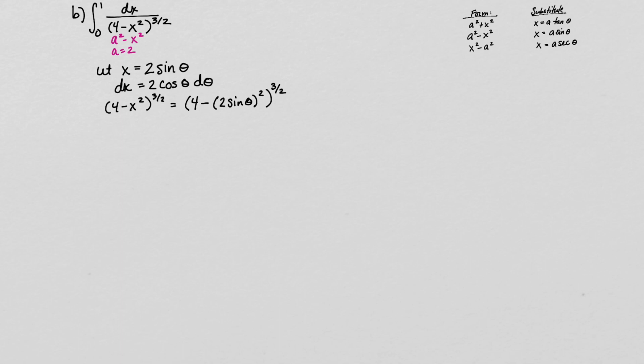It doesn't really matter where you do it. You'll eventually get to the same thing I do. So this is going to be 4 minus 4 sine squared theta to the 3/2 power. And if you notice, both of those pieces have a 4, so I can factor that 4 out. So I have 4 times 1 minus sine squared theta to the 3/2 power. So questions about anything I've done so far?